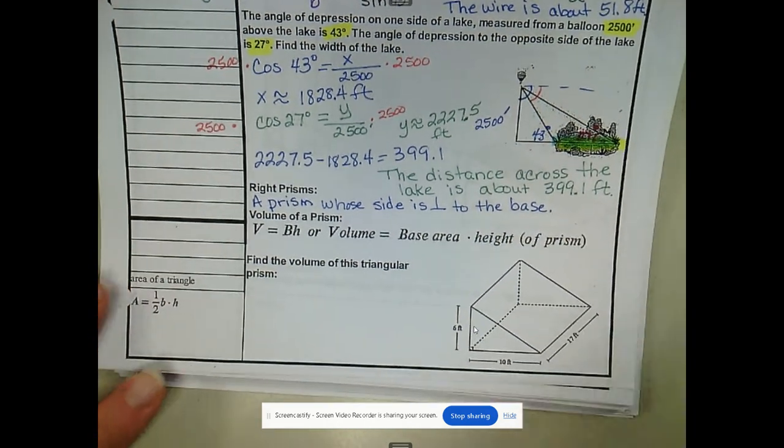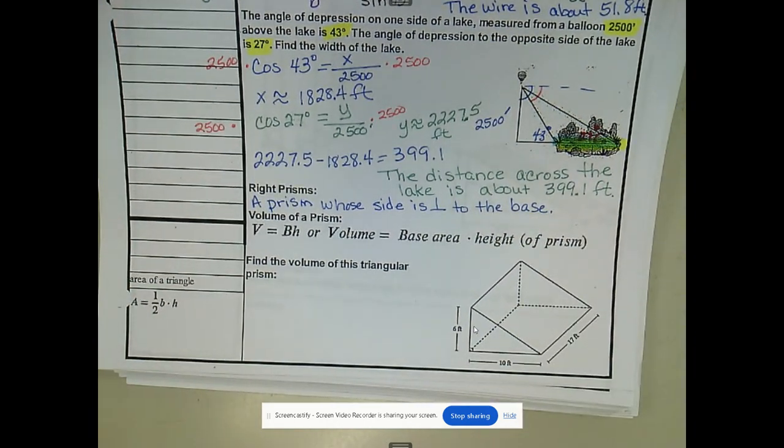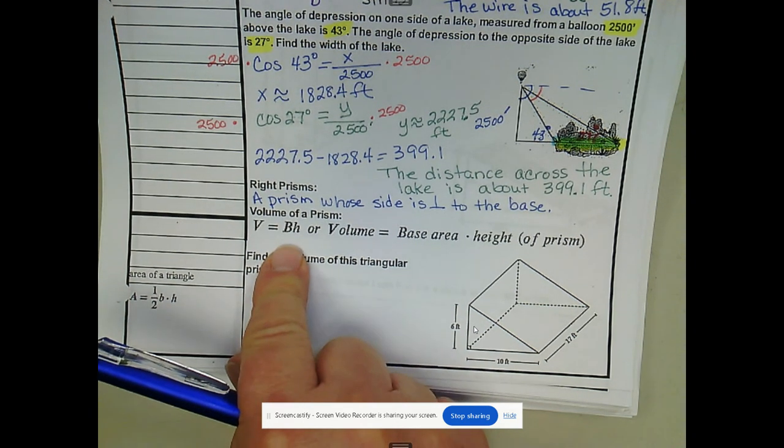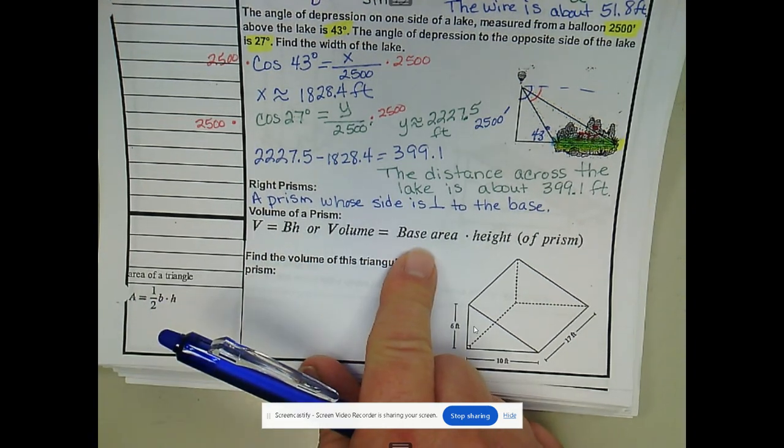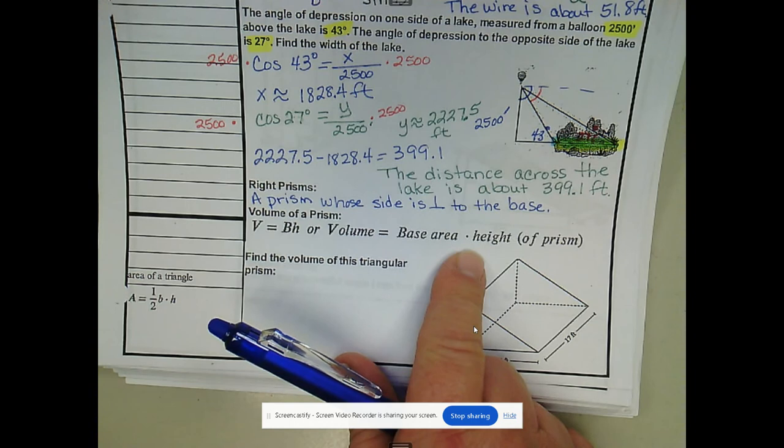Now what is really neat to know is that even if it's oblique, which means it's pushed sideways like the Leaning Tower of Pisa, you still use the same formula. Your volume is your base area times the height, so the area of the base times the height of the prism.